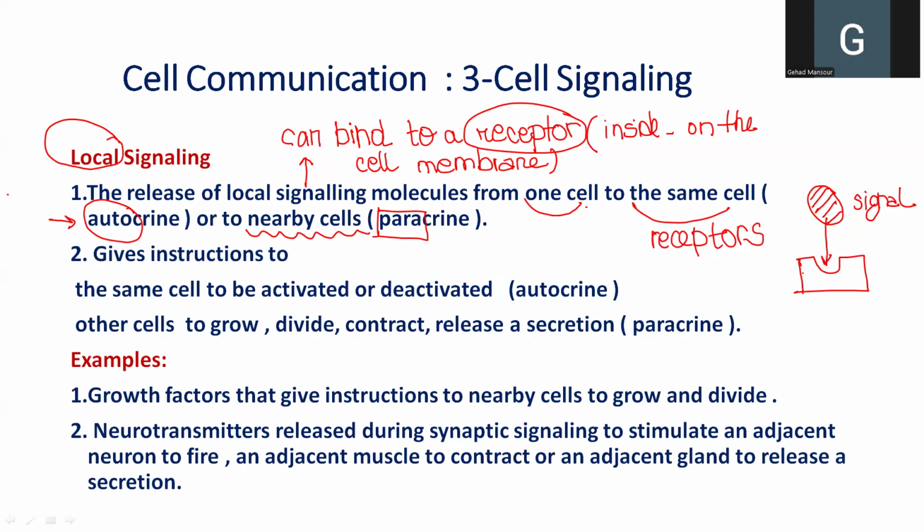When it exerts its effects, this might be autocrine or paracrine, meaning that it might be inducing changes in itself, in the producing cell. For example, the cell might be activated or deactivated, as we have seen in quorum sensing.